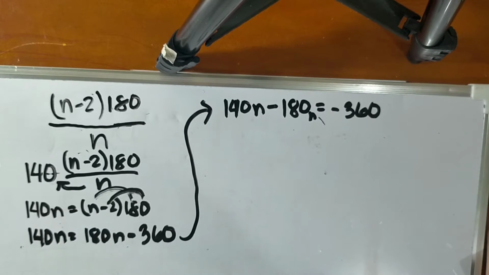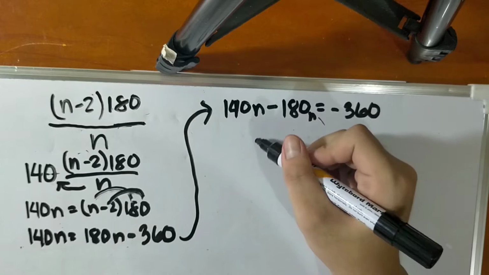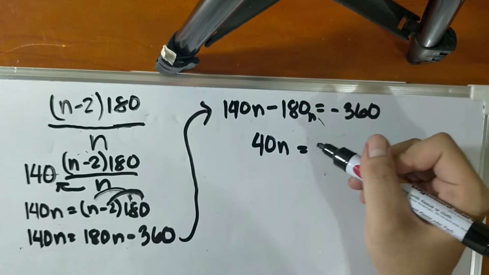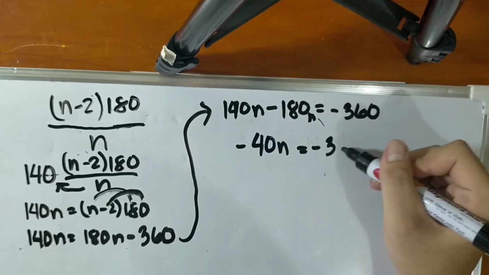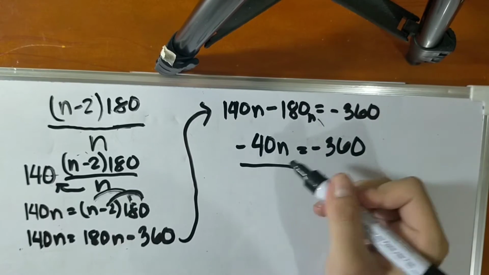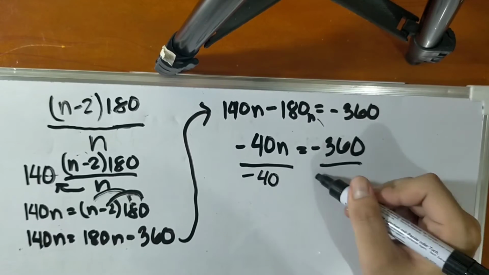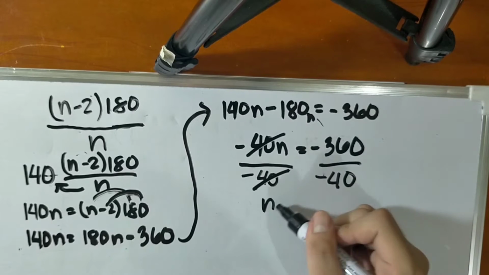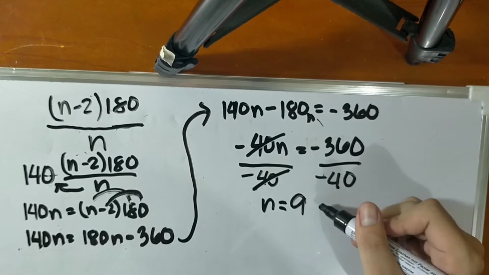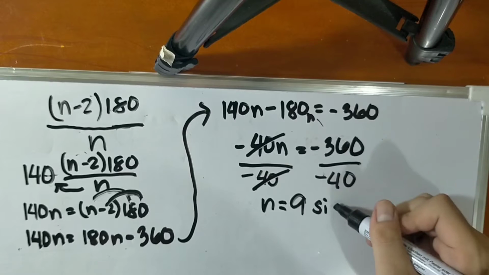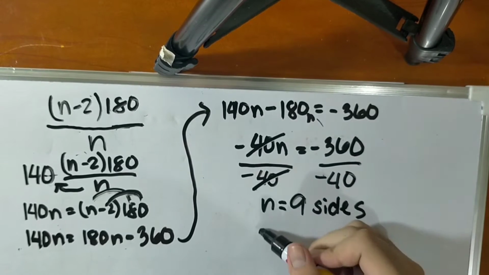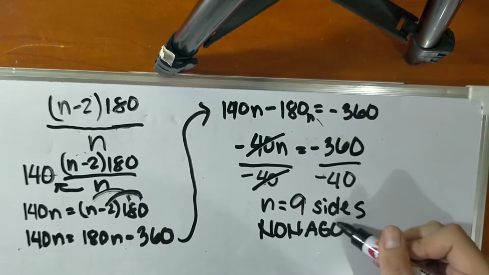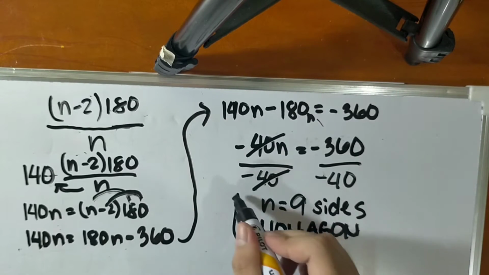So the result will be negative 40n equals negative 360. We eliminate 40 by dividing both sides by negative 40. So n equals 9. So we now have 9 sides, also known as a nonagon. Always don't forget to put the signs. I'm sorry, I forgot.